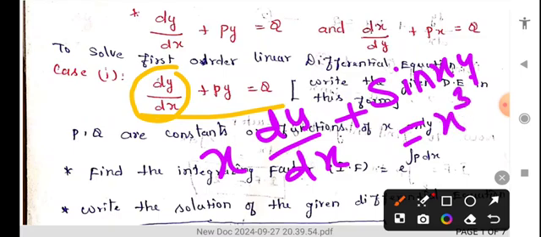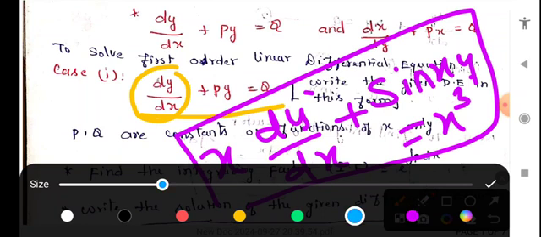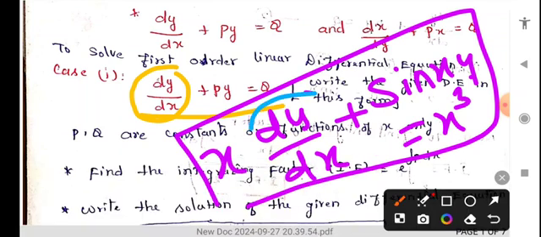For any sum of this form, first you have to check that the highest degree is 1 or not. So what is the degree of this equation? It is 1 only.